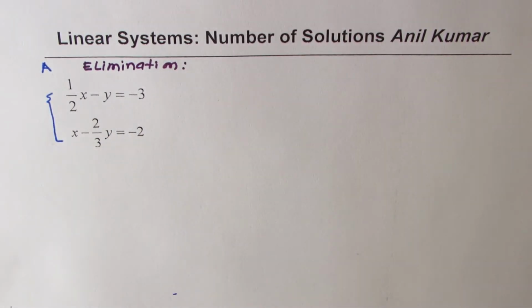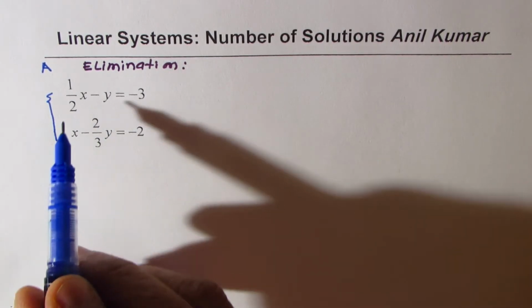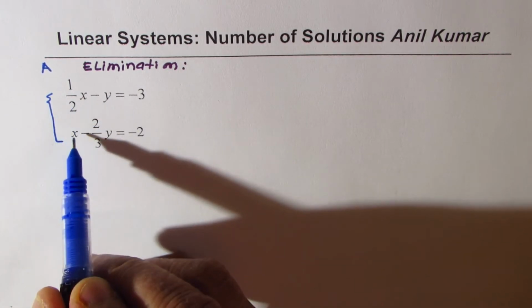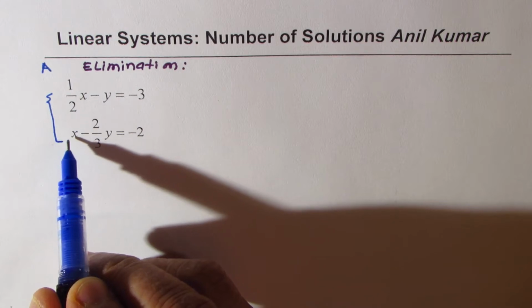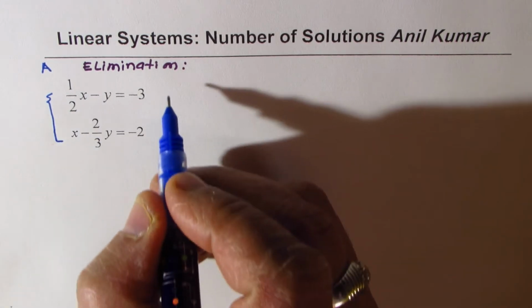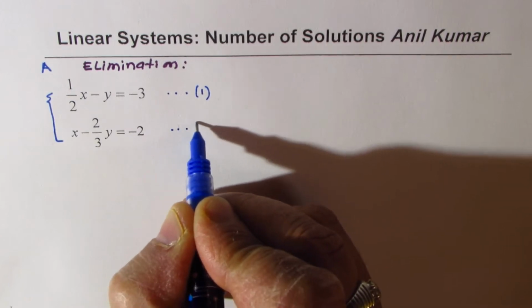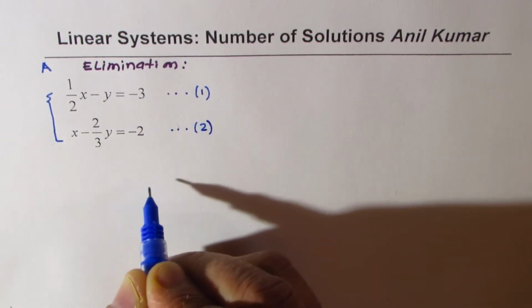Now, to use the method of elimination, we need to make coefficients of x or y the same. We'll multiply our first equation by 2 to get x with a coefficient of 1 and then solve. So let me number these equations. Let's say this equation is 1 and this equation here is equation 2.